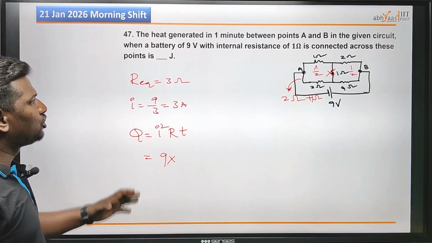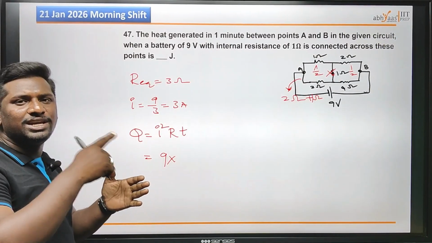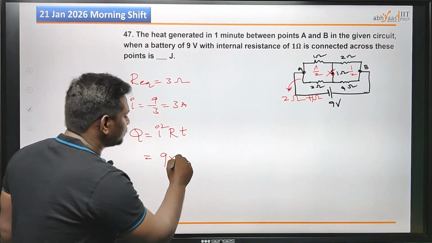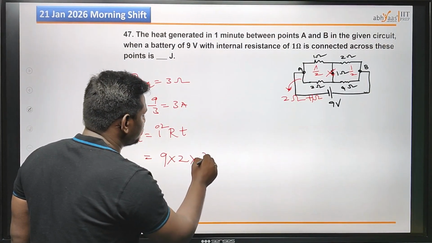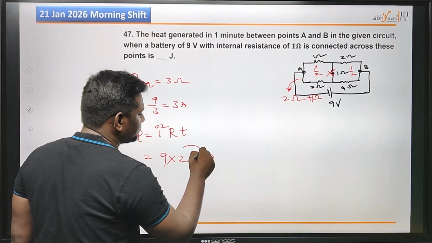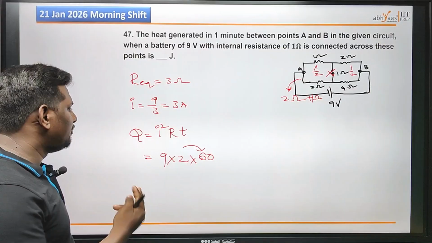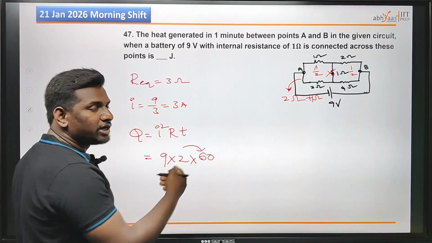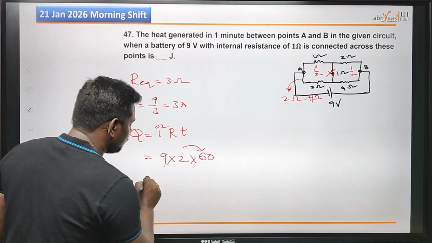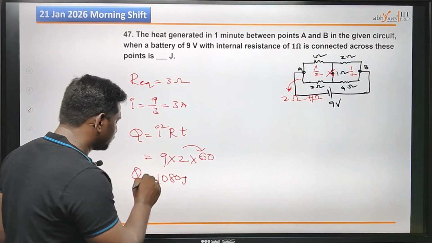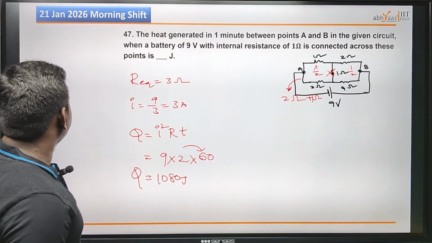You have to take 2 only. You have to take the circuit resistance, R equivalent resistance. That is 2. You will get 60 seconds. If you simplify this one, 120 times of 9, that is 1080. 1080 joules. This is the Q.